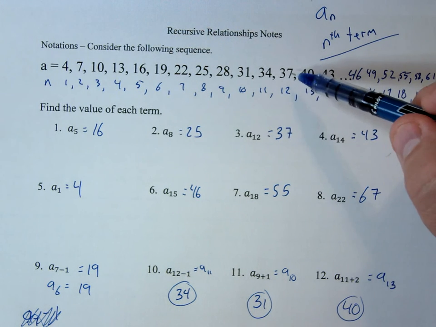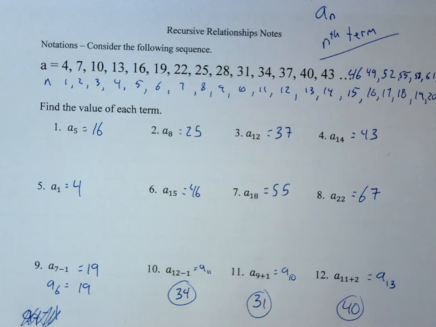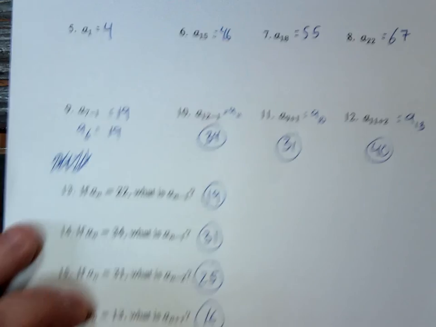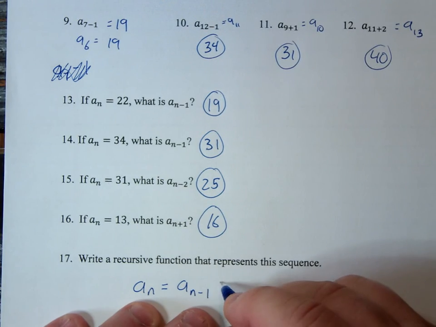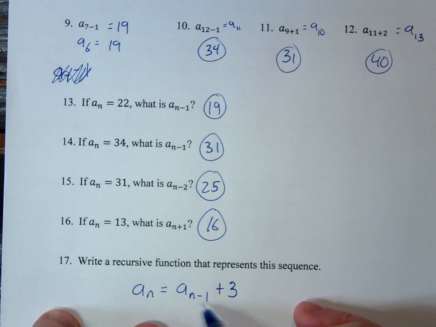If the nth term is 37, what do you do to 34 to get that answer? So each time, like we said at the beginning, you are adding 3. So if I give you any term, you can just add 3 to it and you could get the next term. And remember, this minus 1 is just a notation. You're not subtracting 1 from any term. It's just the term before it.